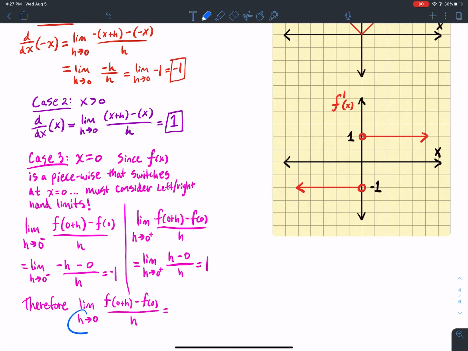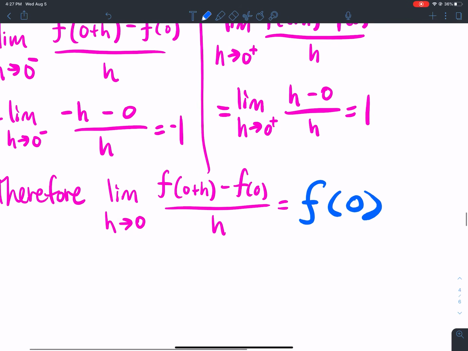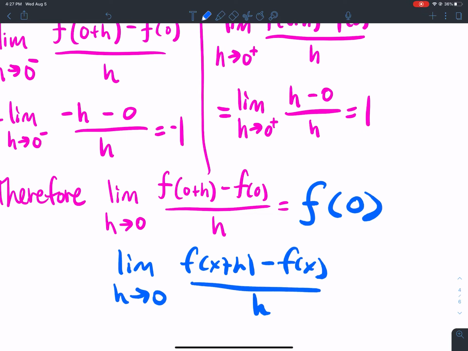Therefore, the limit as h goes to 0 of f of 0 plus h minus f of 0 over h. Remember, look, guys, this is the definition of the derivative at the point f of 0, right? That's different than saying the limit as h goes to 0 of f of x plus h minus f of x over h. That's f prime of x, okay?